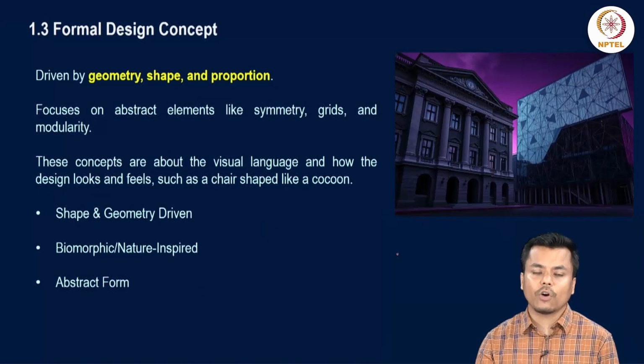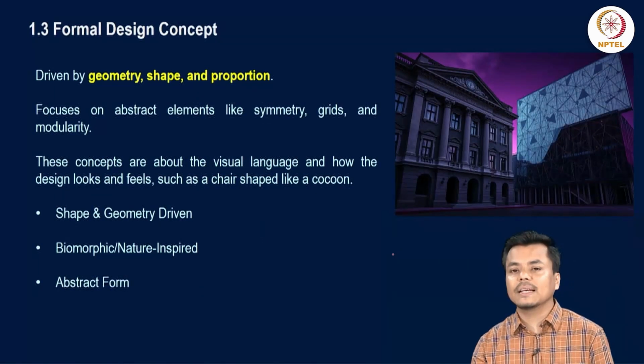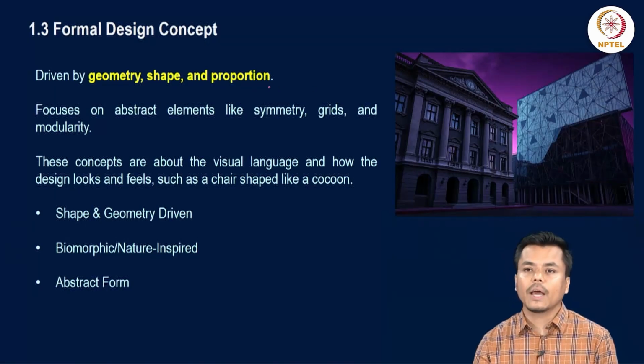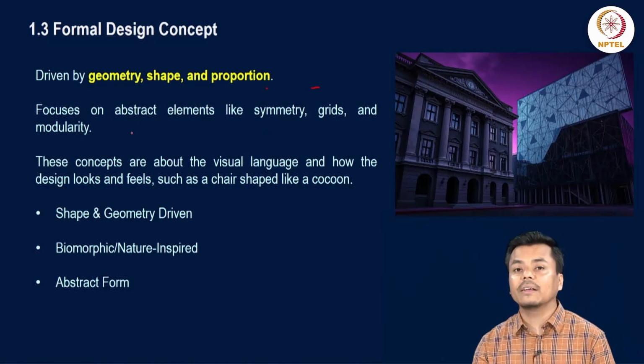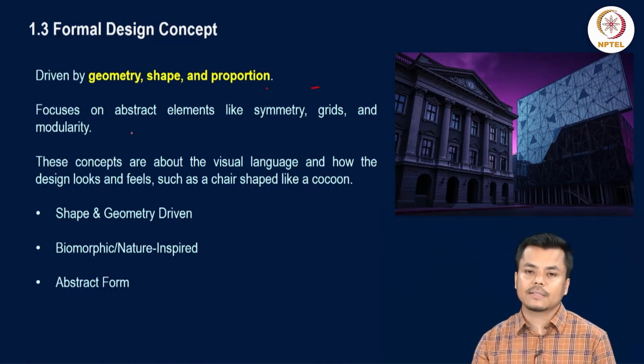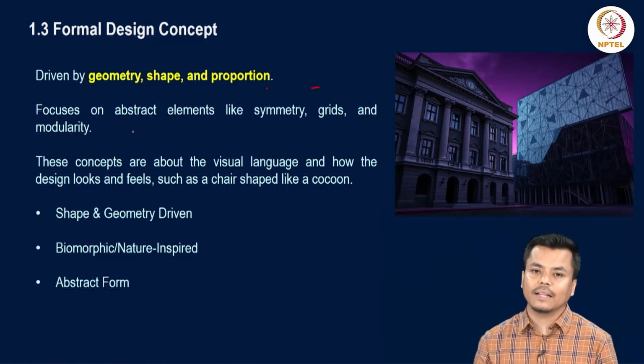The first is formal design concept. It is basically driven by the geometry, shape and proportion of the built typology that you have selected for the project. It focuses on abstract elements like symmetry, grids and modularity. These are architectural design principles that you learned in the early semesters of your architecture course, and these ideas can be used to design the building.